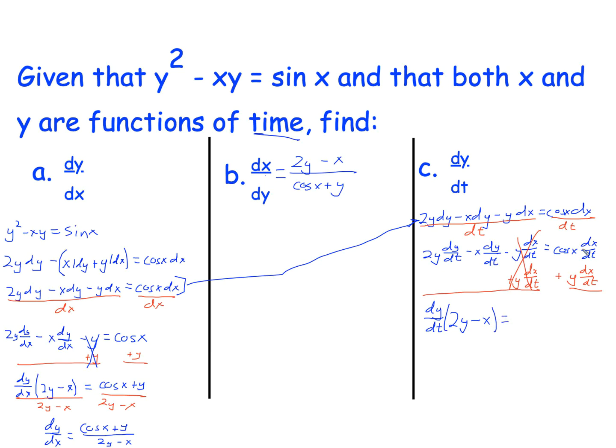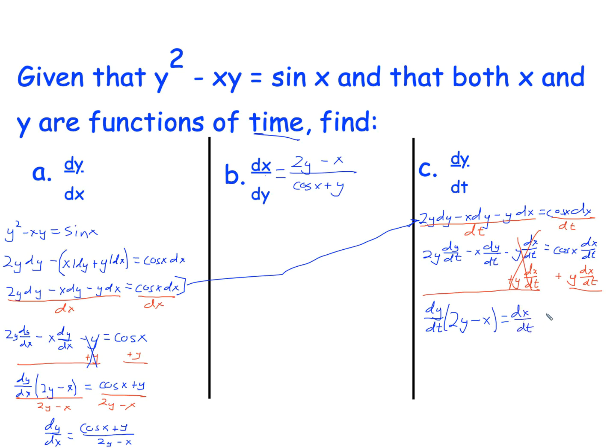On the left side, we both have dx/dt, so we can actually factor that out now. Cosine x. So let's go back. We'll write dx/dt.